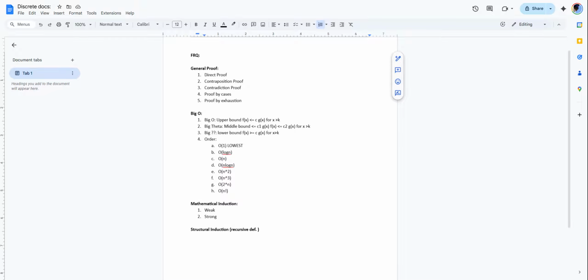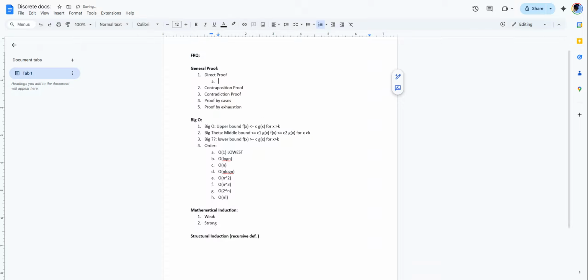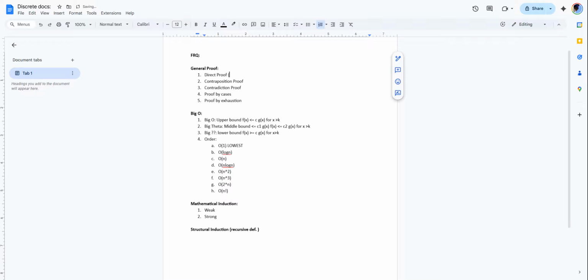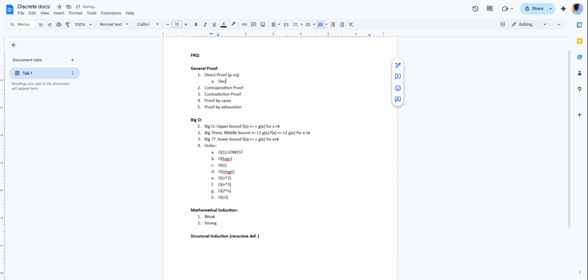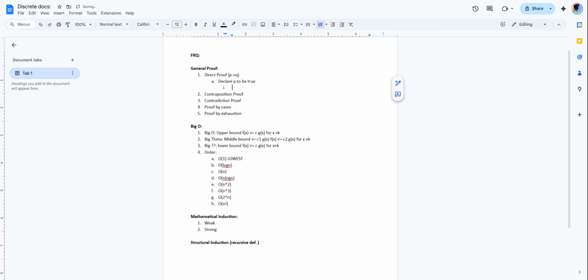We could quickly go over what each type is. So direct proof is when we have like a P implies Q. So you just declare P to be true. And this could just be like, if n is odd, then n equals 2k plus 1, something like that.